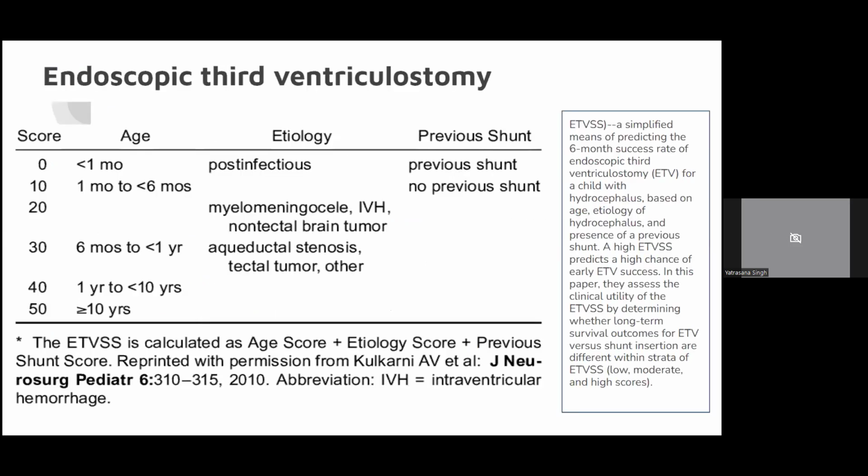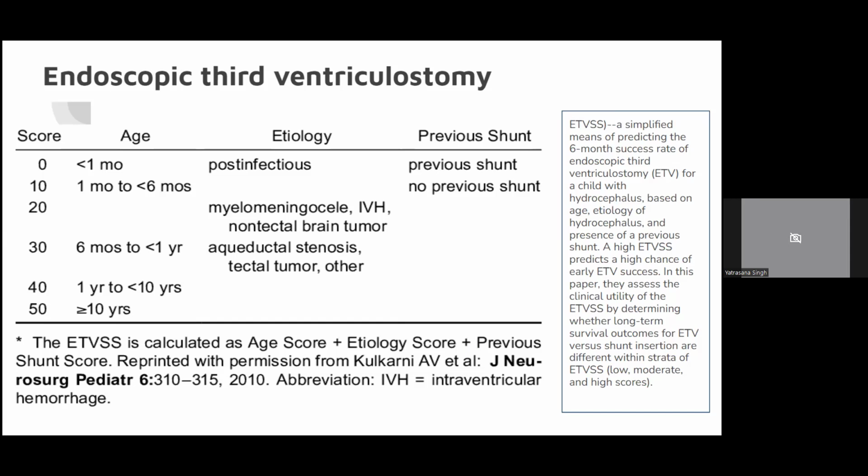So in this table, we're talking about the success score of the endoscopic third ventriculostomy. This was put forward by Kulkarni et al. This is a simplified score which helps give a prediction for a 6-month success rate for the ETV for a child with hydrocephalus.